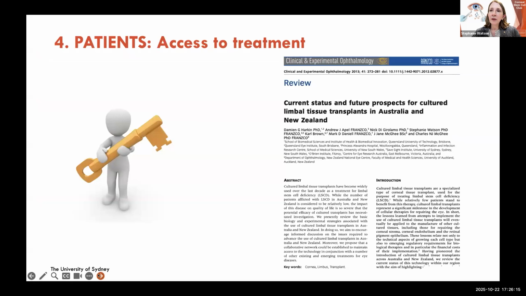And this causes issues as well with access to treatments. When we performed this study in 2013, we found that one of the limitations for access to treatments that might potentially restore sight is actually a lack of funding, and that's both for bringing the treatments to the clinic and for the research to support them.